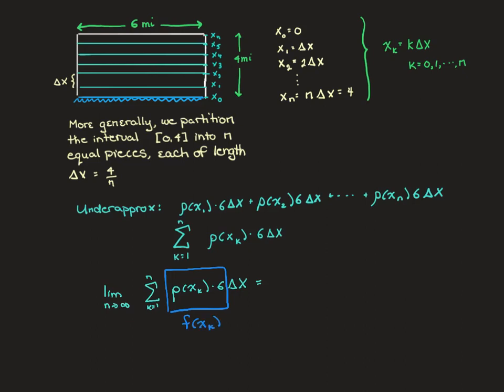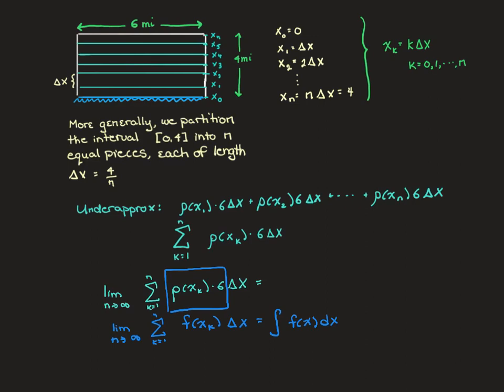So this looks like the limit as n grows without bound of the sum of f of x times delta x. And that we know is the integral of f of x dx from a to b.